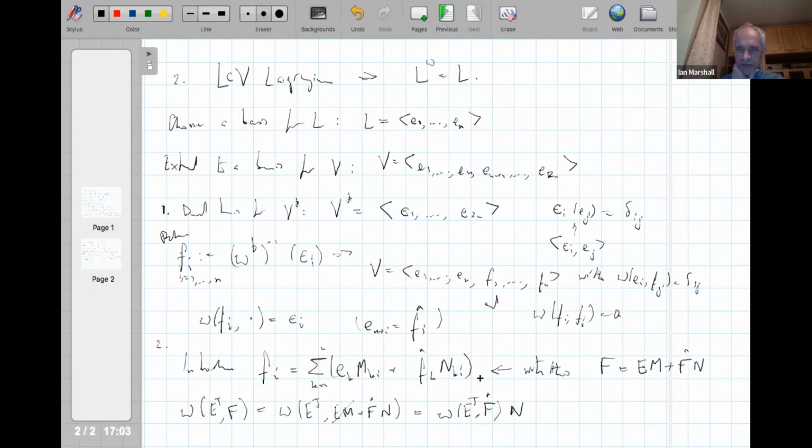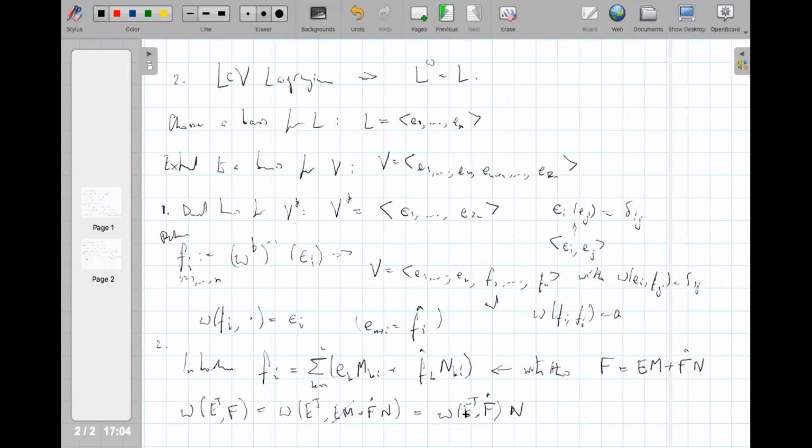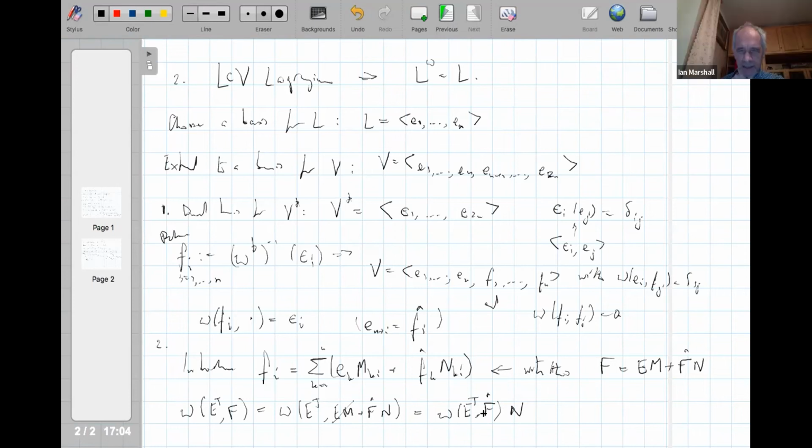And now I just choose n to be the inverse of this matrix. So this is a matrix with entries omega of E_i, F hat_j.